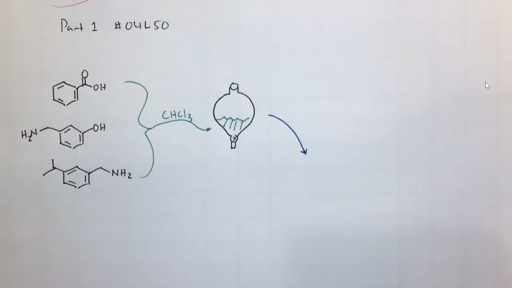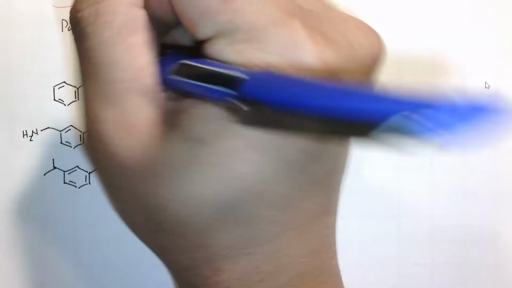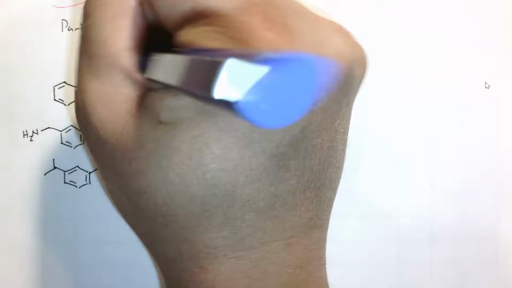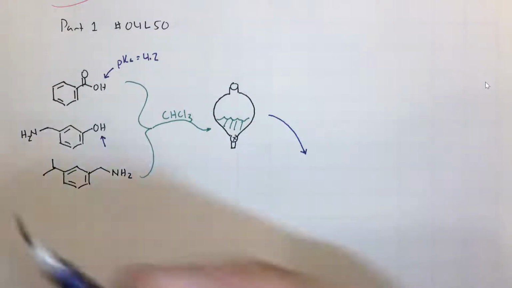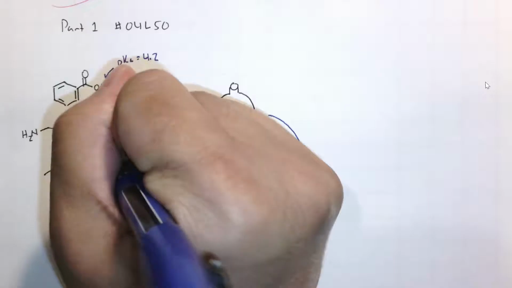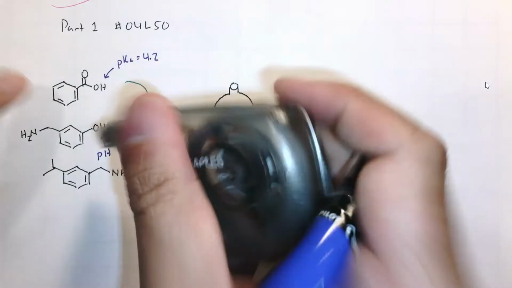And as a reminder, it'd be cool to have the pKa's with us. The pKa for this carboxylic acid, we were using the Evans pKa table, is 4.2. Whereas for the alcohol, or the phenol, the pKa is 10.0.